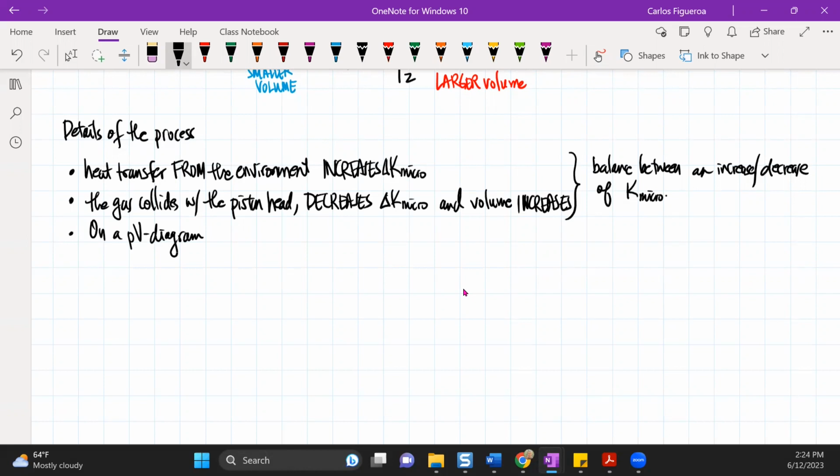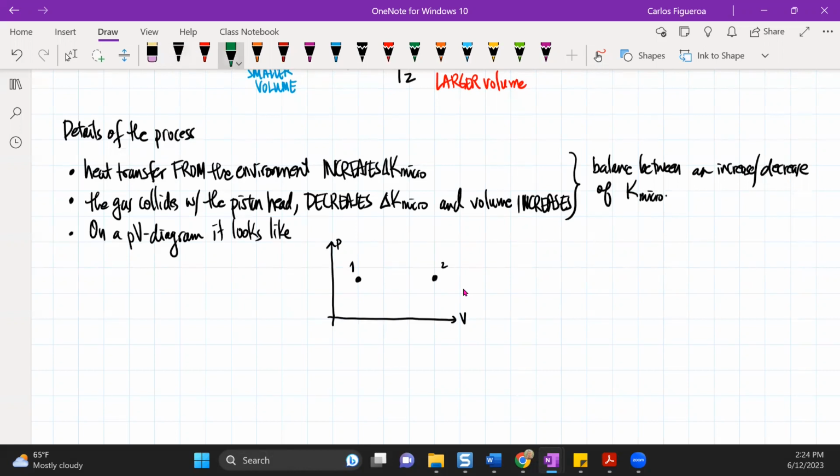On a PV diagram, it looks like this. So I have my pressure and my volume. And I'm going to go from state 1 all the way to state 2.